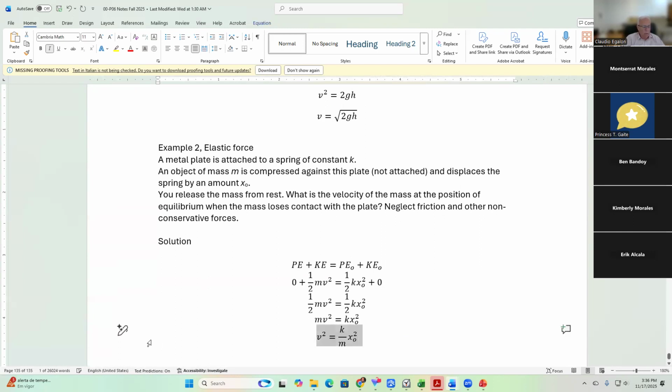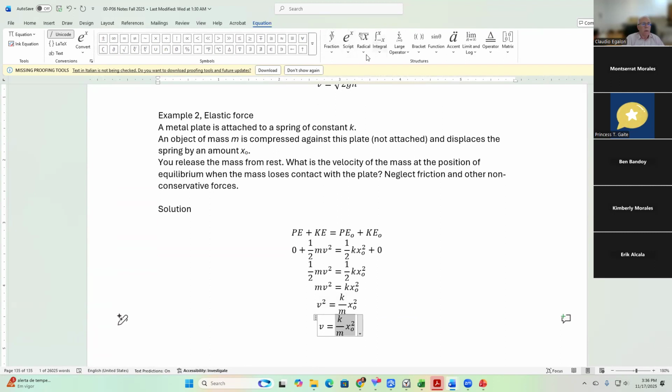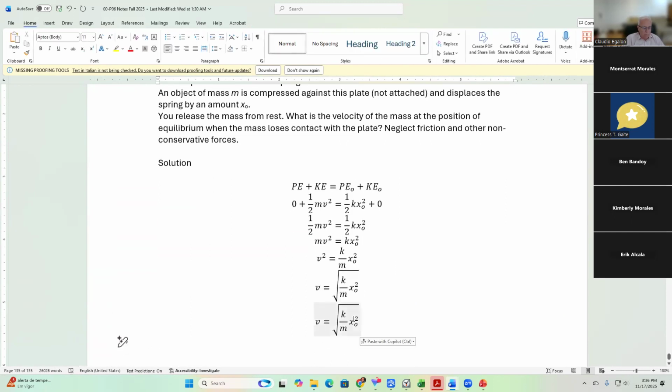And we take the square root of everything. All right, here you go. x naught can be taken out of the square root. And that's what we get for the final velocity.